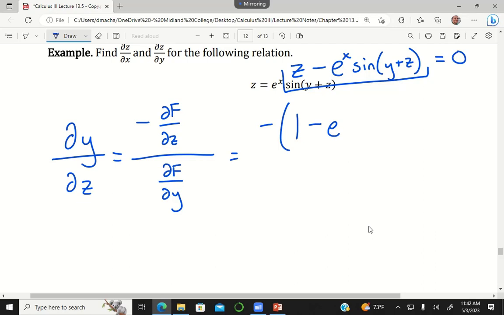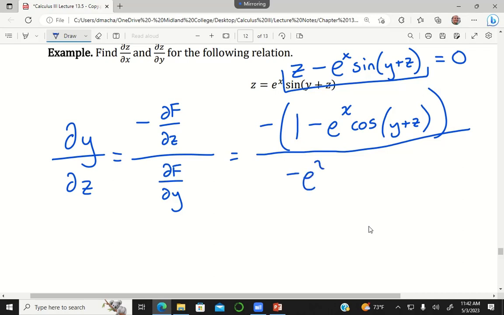The e to the x is just going to act like a constant, and then cosine y plus z. Okay, and what goes in the denominator? You could actually simplify that a little bit.